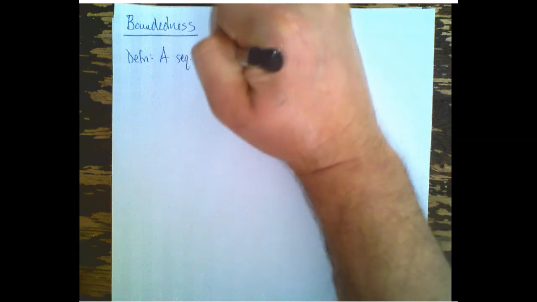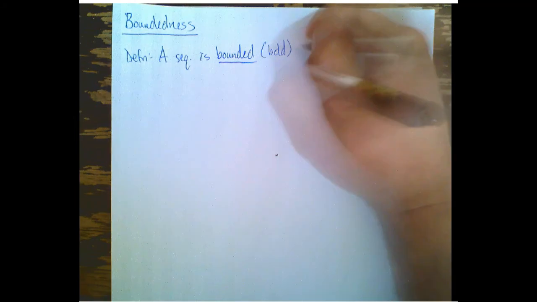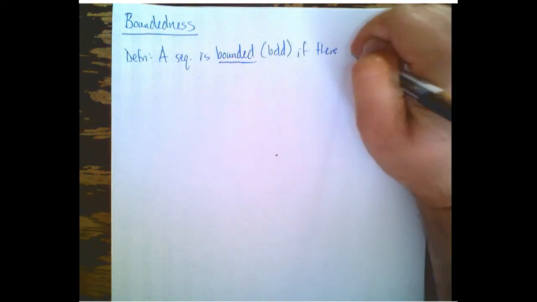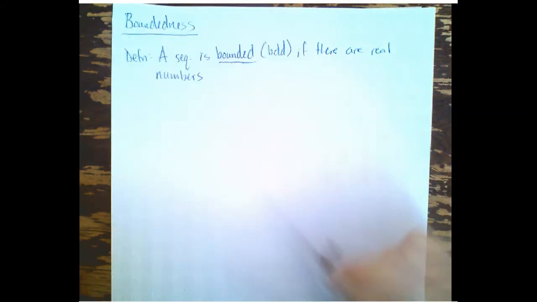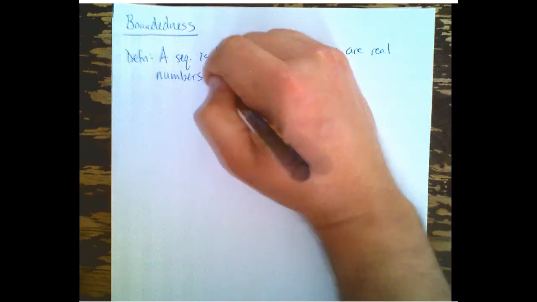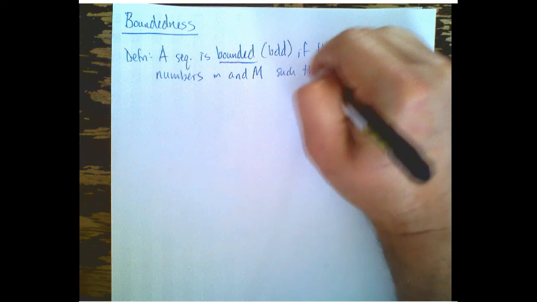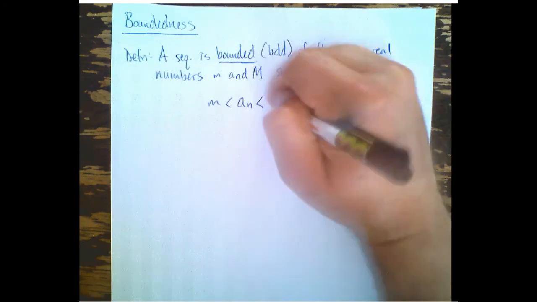We say that a sequence is bounded, I abbreviate that BDD, if there are real numbers little m and capital M such that the terms in the sequence are between little m and big M.